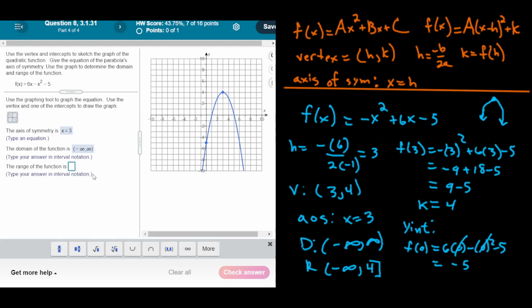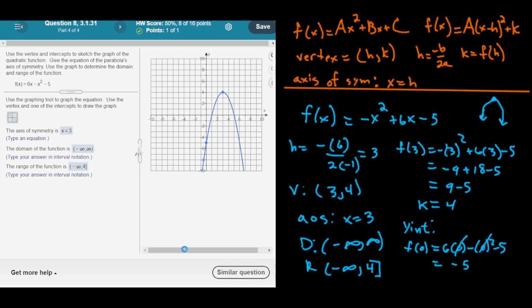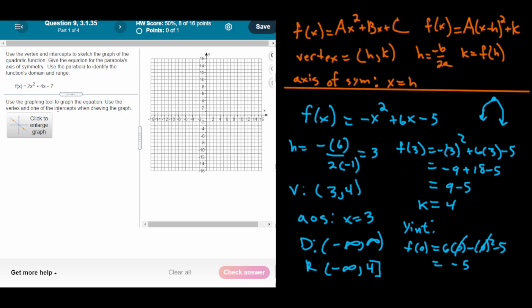Range is upside down. Whenever it's upside down, you might want to write this down, okay? Negative infinity up to whatever your k is with a bracket. And our k is 4. So you might want to write down, range can be tricky if you don't memorize it. All right, that's it.